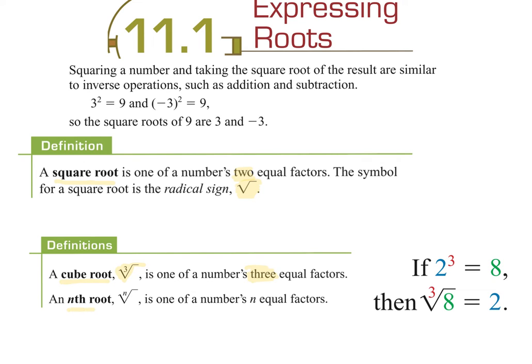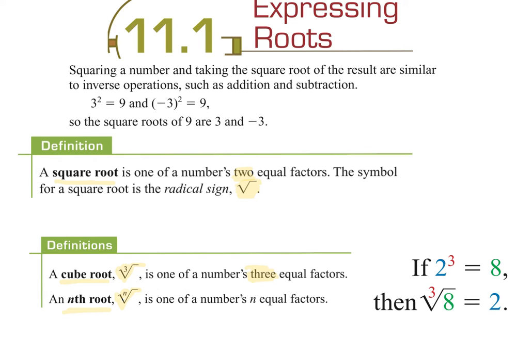You can find any root: 5th root, 7th root, 10th root. It doesn't matter. It is the number that multiplies that many times to get the number on the inside. Your index tells you how many you're looking for, and you still use this same radical symbol.